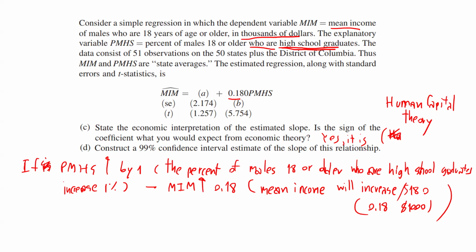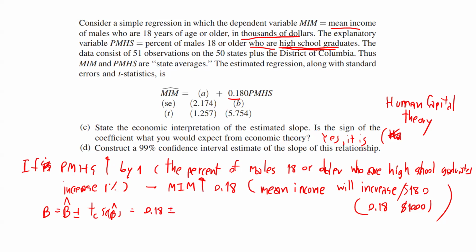Construct a 99% confidence interval estimate of the slope of this relationship. So B equals beta hat plus and minus critical value times standard error. So equals 0.18 plus and minus critical value.